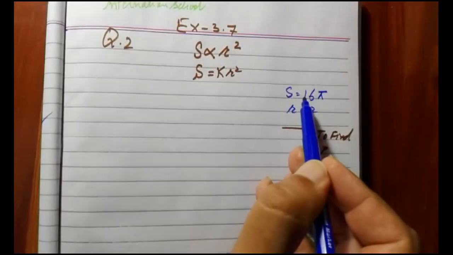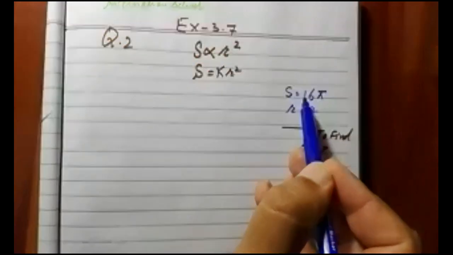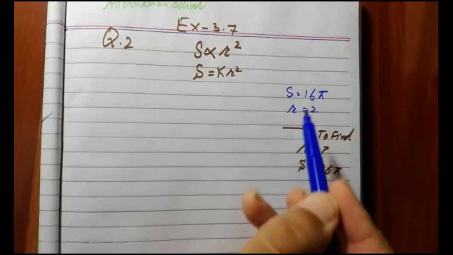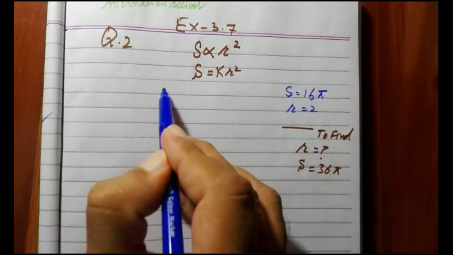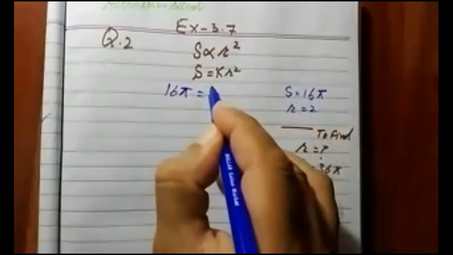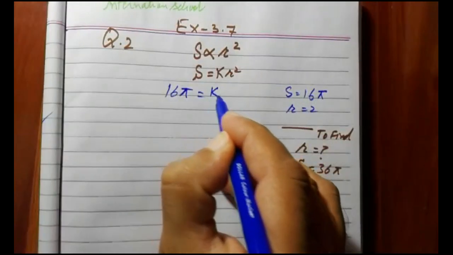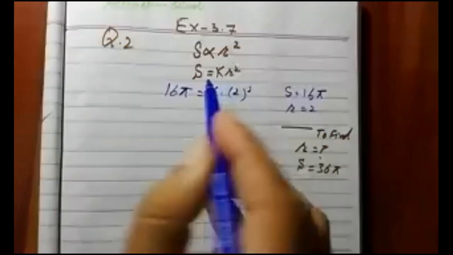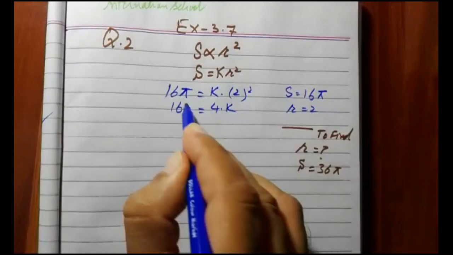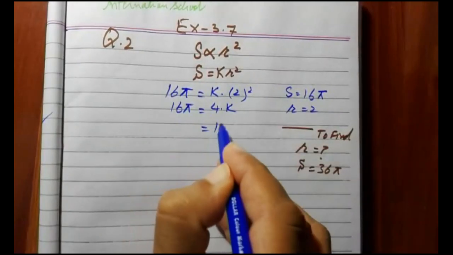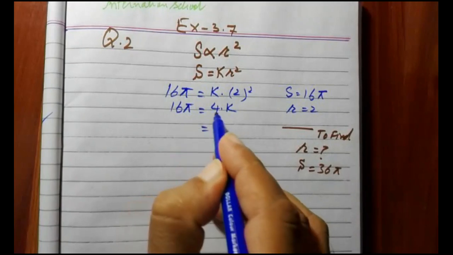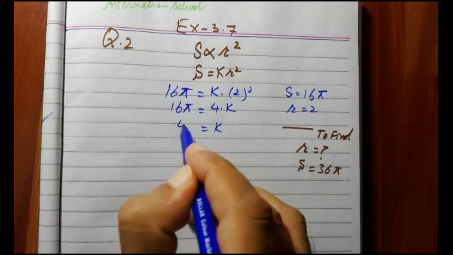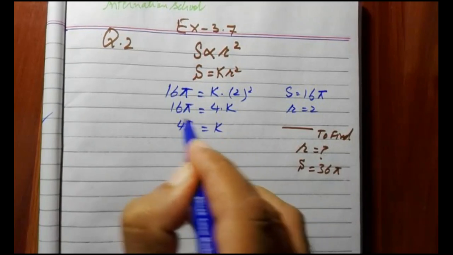So S is equal to 16 pi, that is equal to K times R square, R equal to 2. If you evaluate it, it will become 4K equals 16 pi, and K will eventually become, 16 will be cancelled, 4 pi. So the value of K will be 4 times pi.